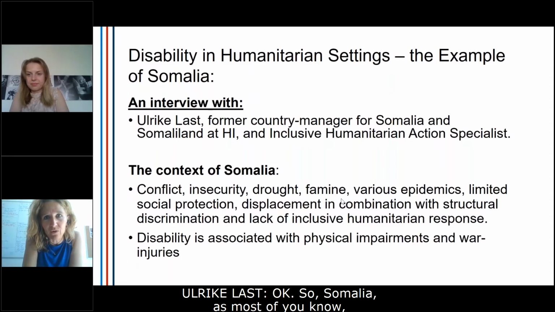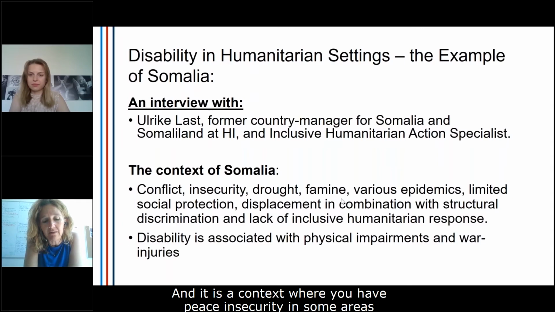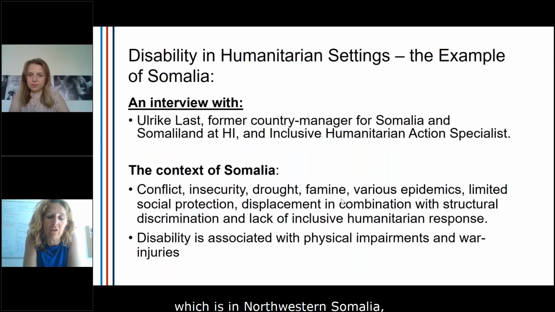Okay, so Somalia, as most of you know, is situated in Eastern Africa, at the Horn of Africa. It's a semi-arid country with very low population density. It has been affected by civil war, we could say, over the last 30 years. And it is a context where you have peace and security in some areas, such as the internationally not recognized Republic of Somaliland, which is in northwestern Somalia, bordering Djibouti and Ethiopia.